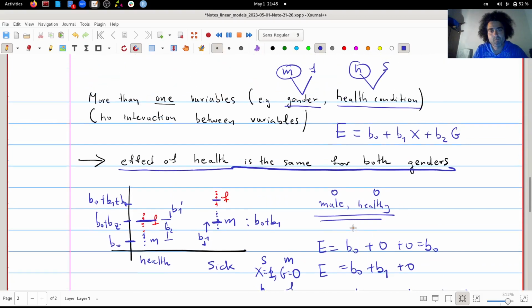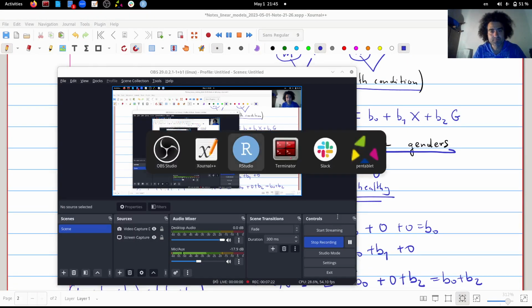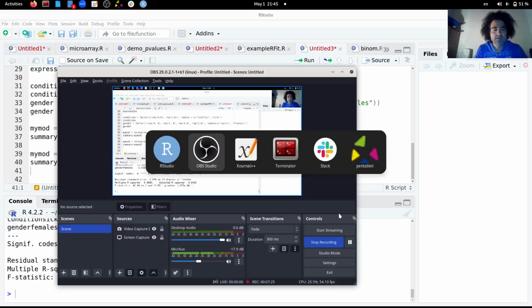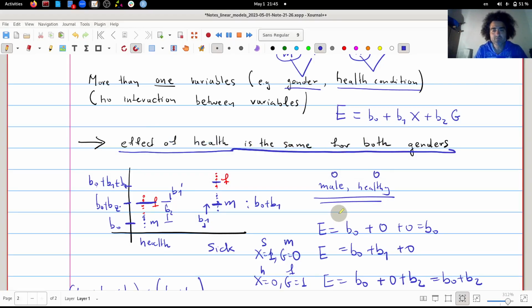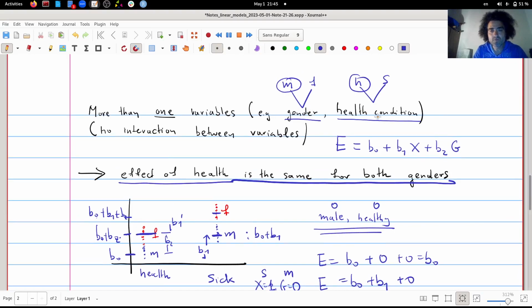Okay. Let's go now to R to see a simple example of that. And another thing that I must mention, because we will see that in R, here we have two variables, gender and health condition. Often we are interested in the effect of one of them. So what is the effect of health condition on the expression level, given that we have in our sample both males and females?